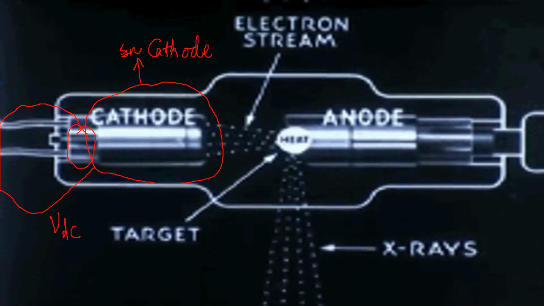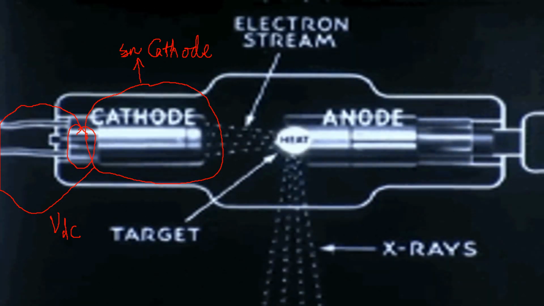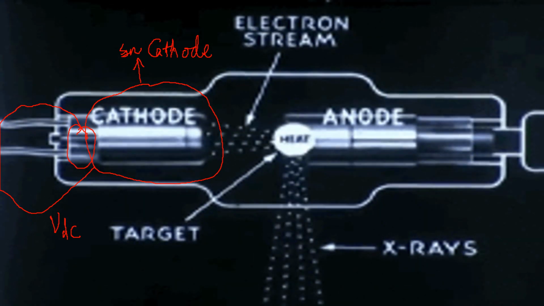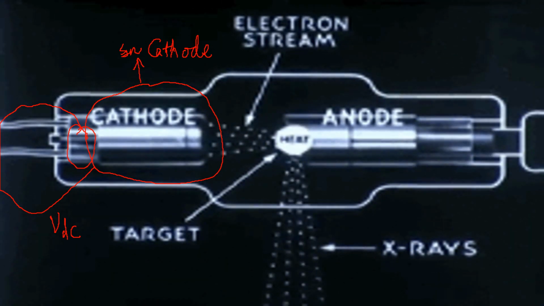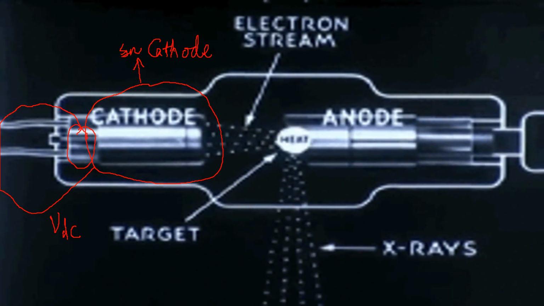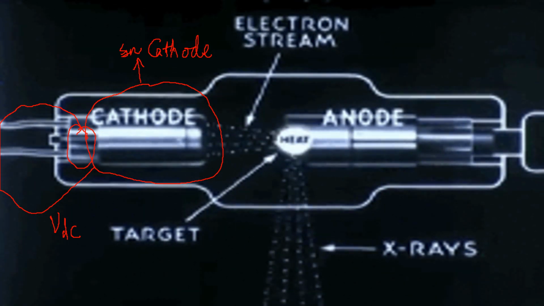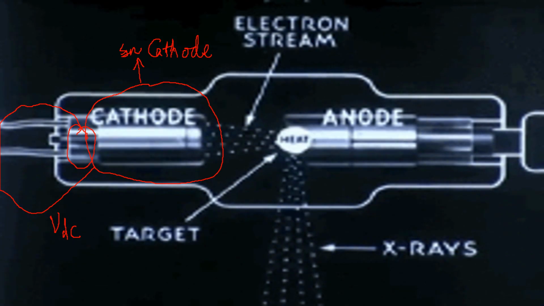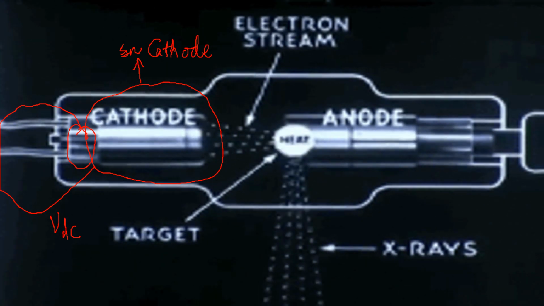Now this cathode has emitted the electrons. The question here is that electrons are emitted, but how can we increase the energy of the electrons and make them very energetic in order to get a very short wavelength of continuous X-rays?